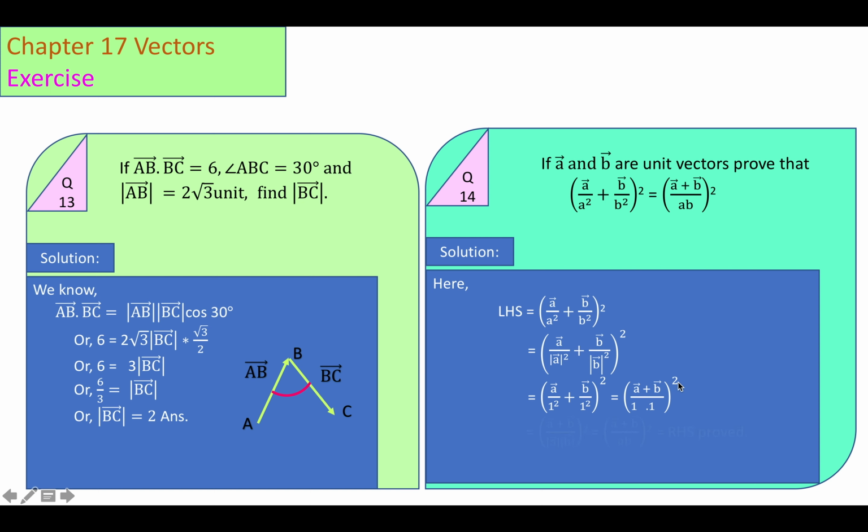Now in place of 1 we write magnitude of vector a into magnitude of vector b, so this equals (vector a plus vector b by ab) whole square, which is our RHS. Proved.